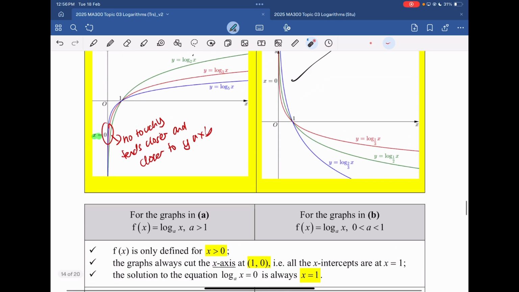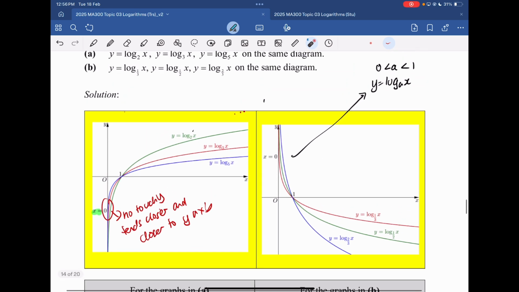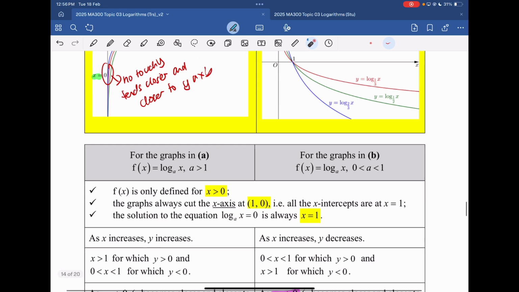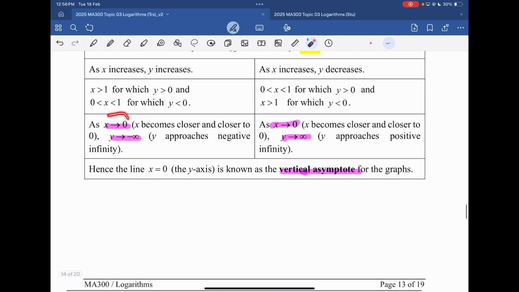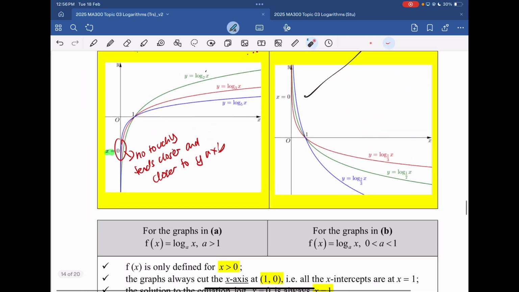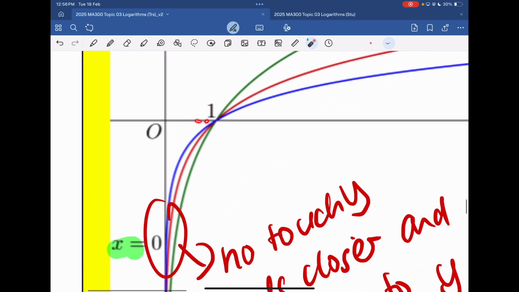You notice that as x goes to 0, y goes towards negative infinity. Look carefully, notice how x gets smaller and smaller. X is going towards 0. What happened to the y value? As x gets smaller, the y value is getting towards negative infinity. That's what they mean.